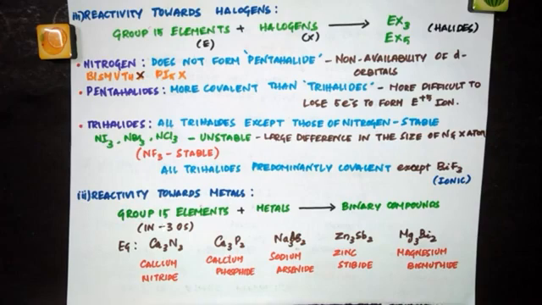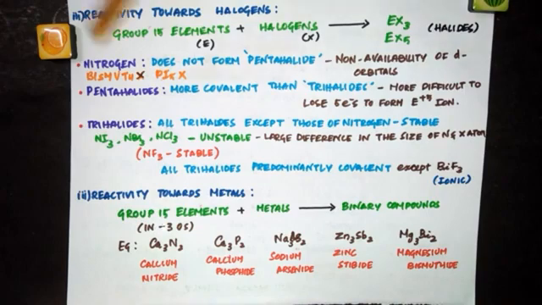As you move down the group, the two electrons in the s orbitals, because of their greater penetration in the nucleus, because the nuclear charge increases, so the s orbitals will be more penetrated into the nucleus, so they will not be available for bonding. Only the 3 electrons in the p orbital will be involved in bonding, and this effect is called the inert pair effect, where the s orbitals are not available for bonding.